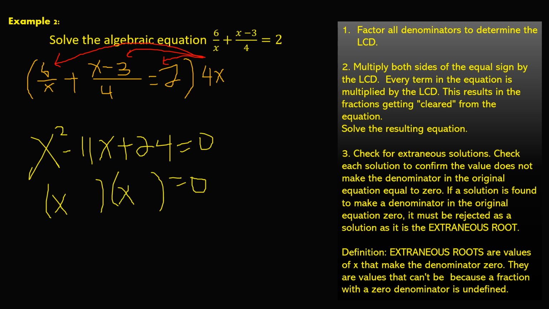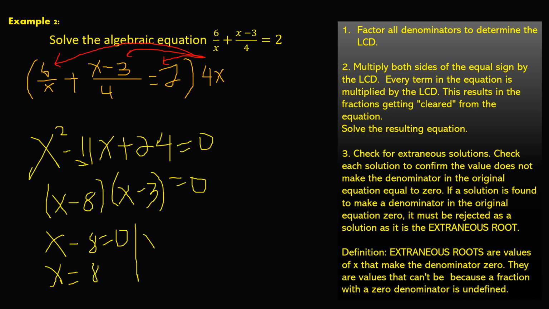Then we are going to factor 24 also, such that those factors when added give negative 11 for the linear term. So we have negative 8 and negative 3. If we multiply these two, we have 24, and if we add them, negative 8 plus negative 3, that's negative 11.